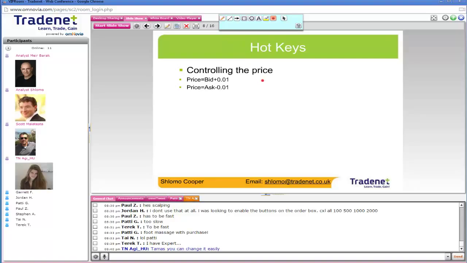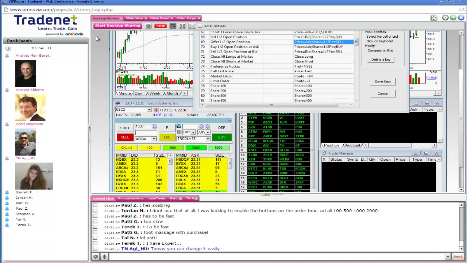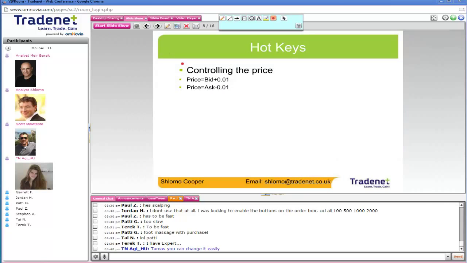Also, I can control the price, and the key command here is price equals. For example, if price equals bid plus 0.01, that means I'm going to send an order whose price is based on the best level 2 price. Right now the best level 2 price here on Cisco is 23.30. It's going to add 1 cent to 23.30 in order to be first in line.